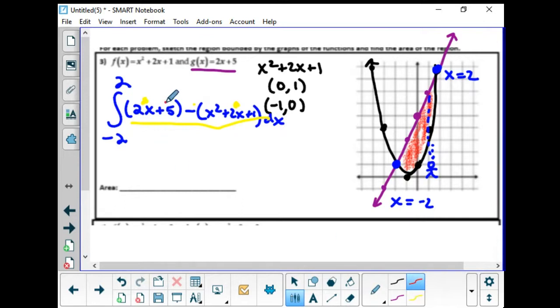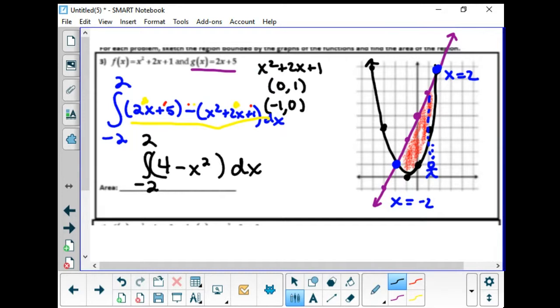The fact that we've got the 5 minus the 1 helps you. We've got some simplification that we can do. So we're going to end up integrating from -2 to 2, essentially, 4 minus x squared. If you simplify by combining the like terms, you often get a much easier function to work with.